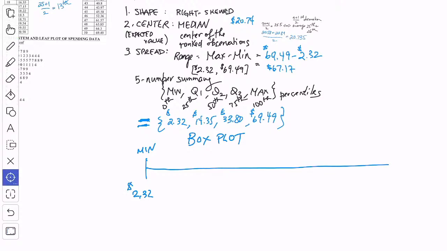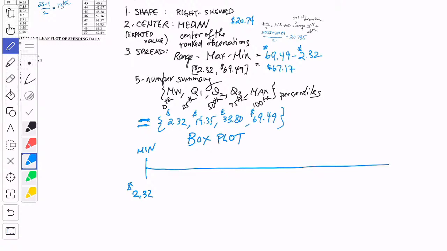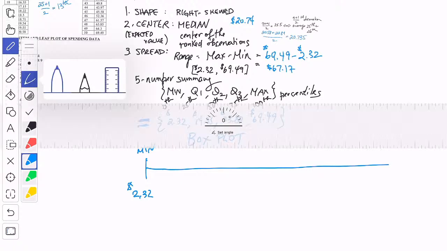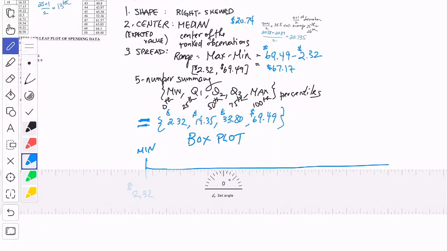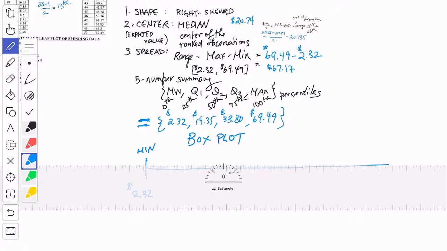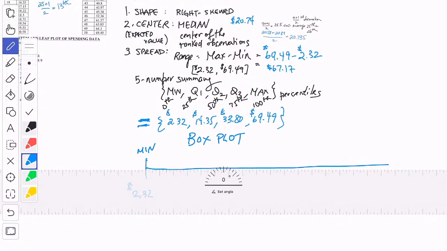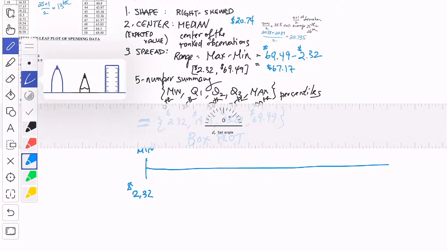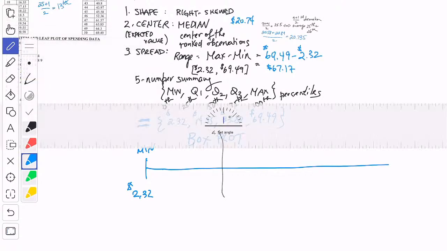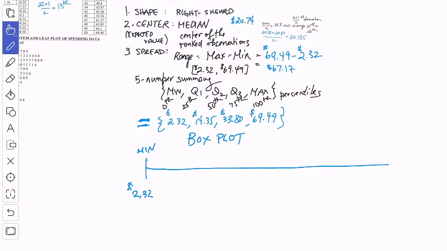And then let's say I'm going to do some marks just to help myself. Actually, I have a ruler. This can help me. It's a never-ending ruler. Oh, I can't touch anything else. What happened?